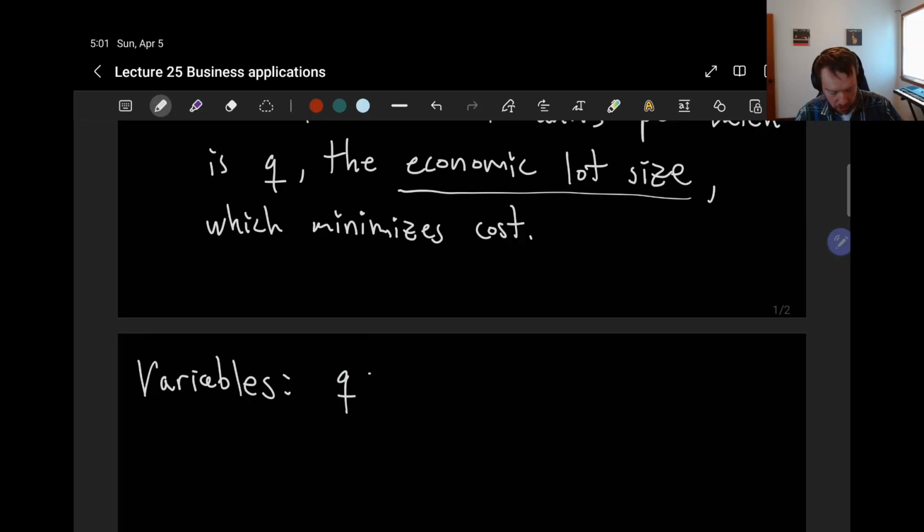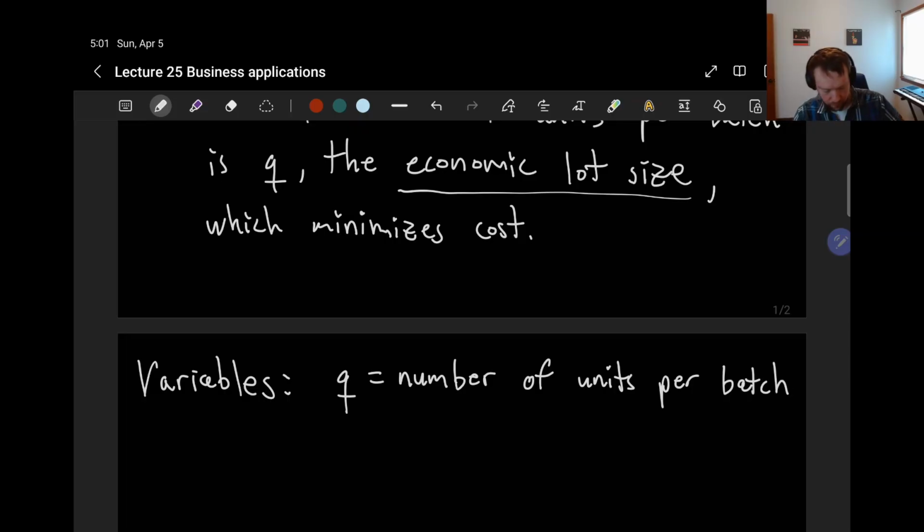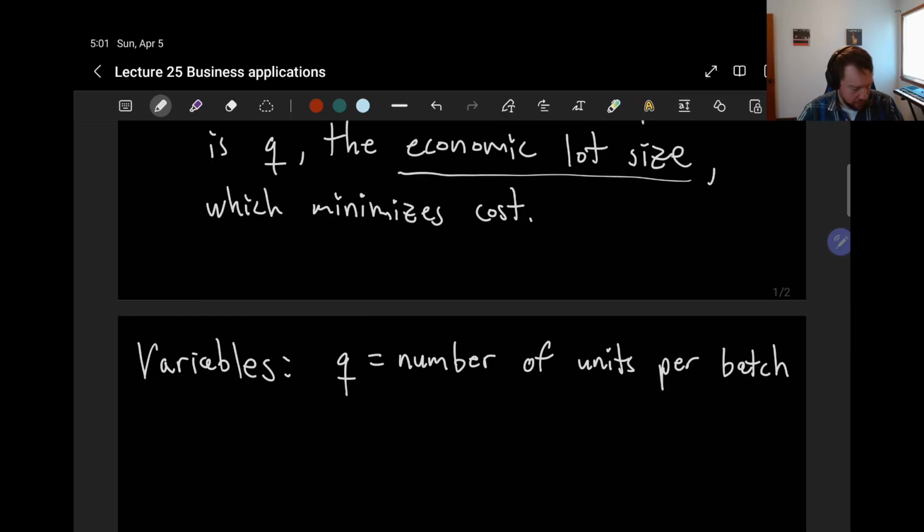So the first one is Q, which we just mentioned. The economic lot size. So in particular, we're talking about a number of units per batch. And that's what we're saying with lot size. Well, we have some other variables at play. Well, Q is the main variable.